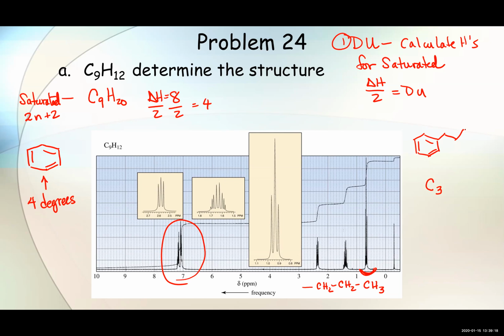This one is around where you expect it to be, around 0.9, because it's so far away from the benzene ring that the anisotropy is not that important. And the one in the middle, if I count peaks, 1, 2, 3, 4, 5, 6, 7, 8. Well, it came out a little different than I expected. There are 2 hydrogens here and 3 hydrogens there for a total of 5, so it should have 6 peaks.